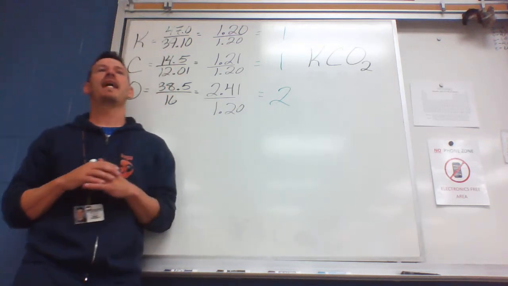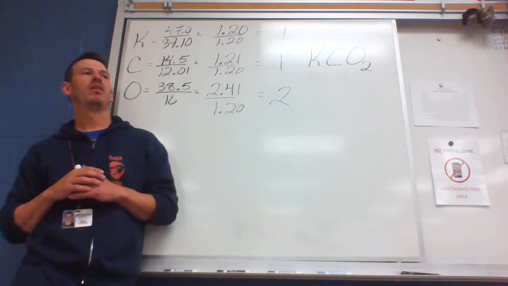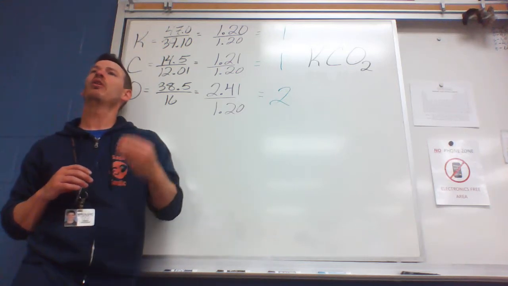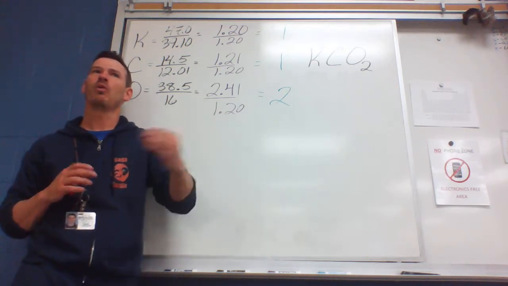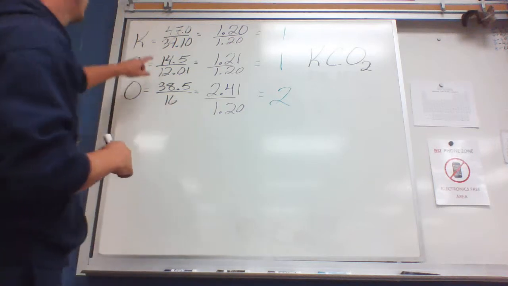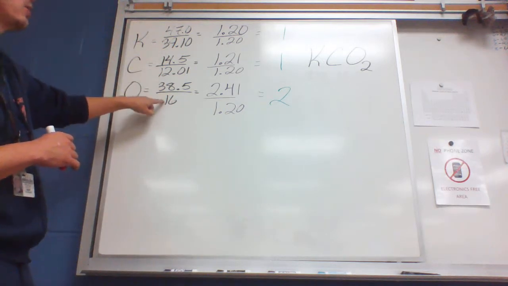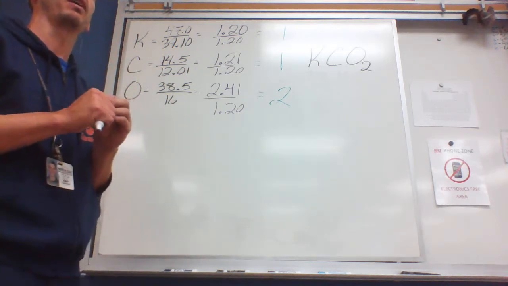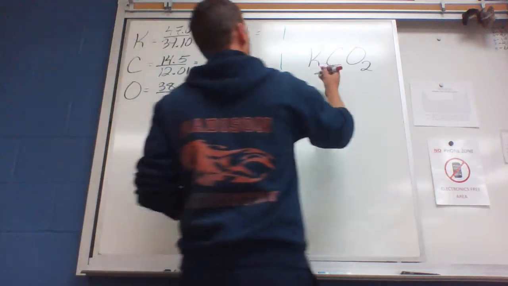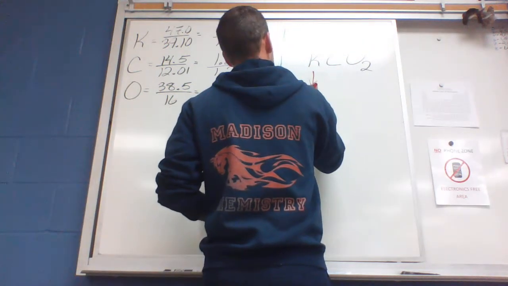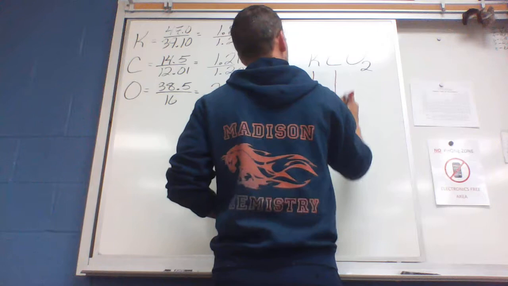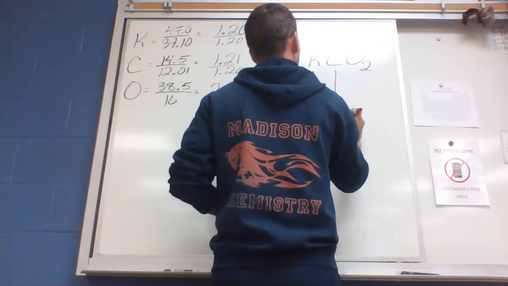In order to now find the molecular formula, we need to first have the molar mass of the empirical. Now remember, you've already looked up the periodic table values of the elements, so you don't have to go look elsewhere again. My potassium, we're finding molar mass, is 39.10. My carbon, 12.01.